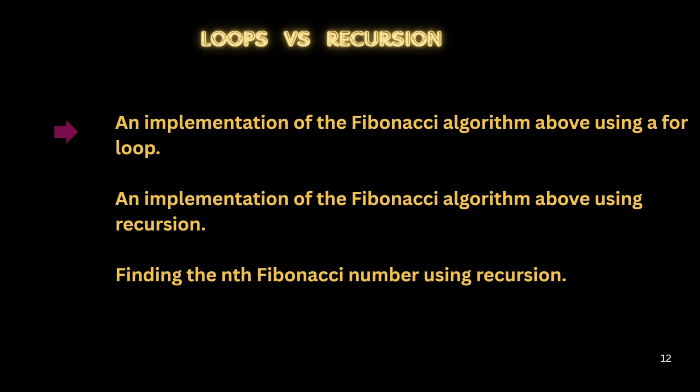To show the difference between loops and recursion, we will implement solutions to find Fibonacci numbers in three different ways. One is an implementation of the Fibonacci algorithm above using a for loop, the second one is an implementation of the Fibonacci algorithm above using recursion, and the third is finding the nth Fibonacci number using recursion.